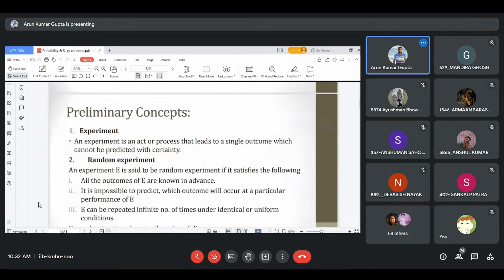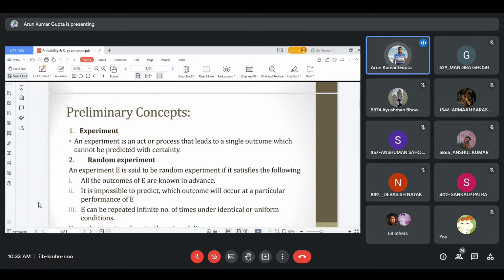So look at this. As per the book, an experiment E is said to be random if it satisfies the following conditions. All the outcomes of the experiment are known in advance. It is impossible to predict which outcome will occur at a particular performance.